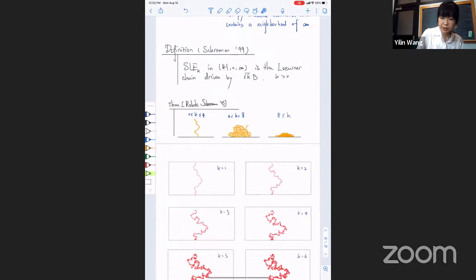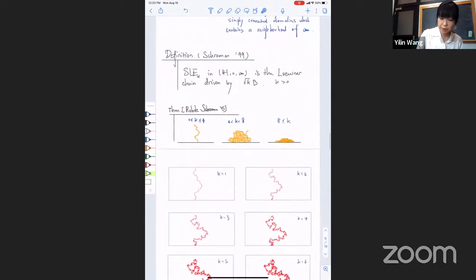When kappa is between 0 and 4, this curve is almost surely a simple curve. This is a highly non-trivial result of this phase transition. When kappa is between 4 and 8, it's still described by a curve, but it will be self-touching, and K_t will be the set that is filled in inside. And when kappa is greater than or equal to 8, there's a random curve that is space filling.